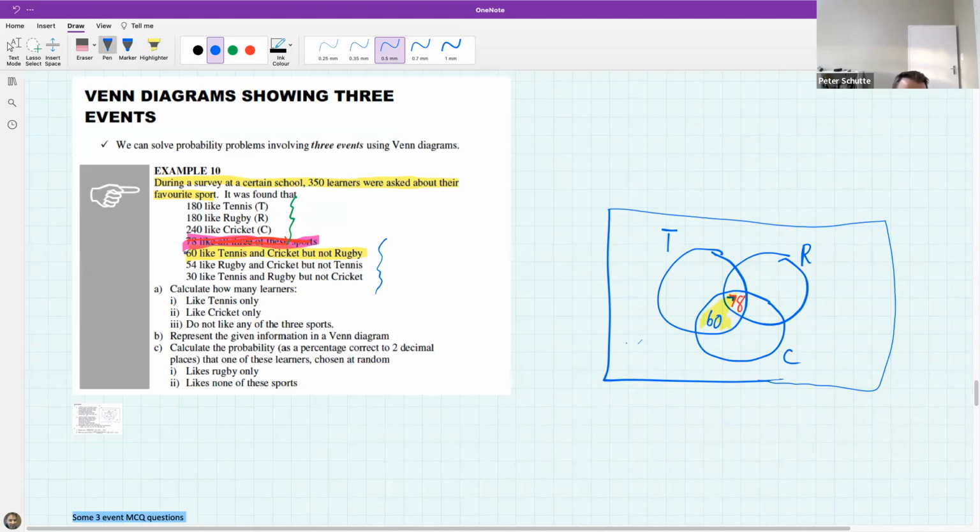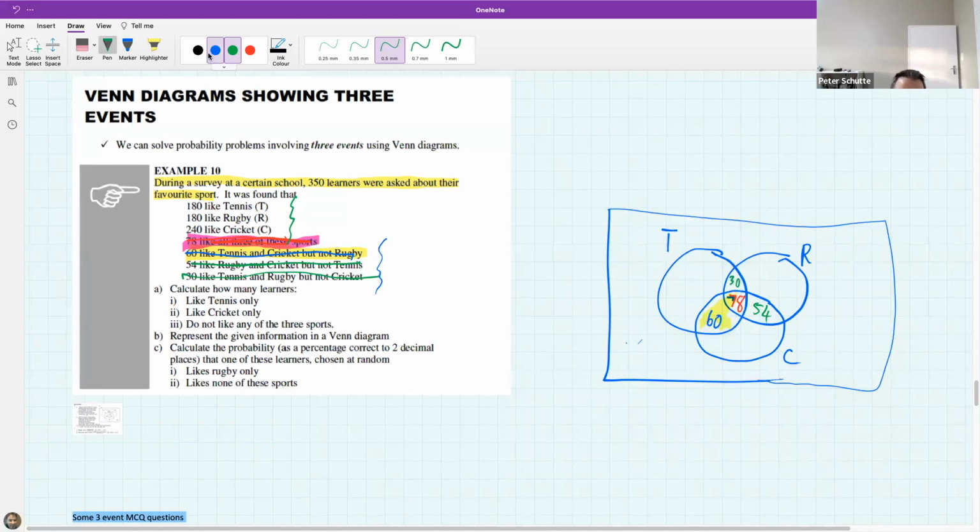So we've done this one. 54 like rugby and cricket, but not tennis. So there's 54 here. 30 like tennis and rugby, but not cricket. So there's 30 here.